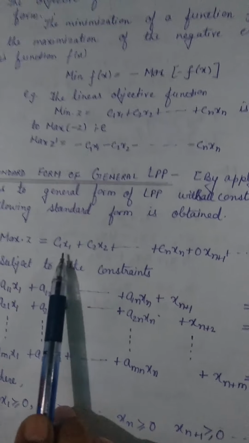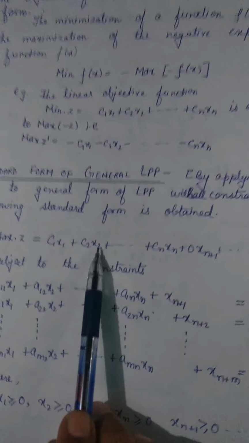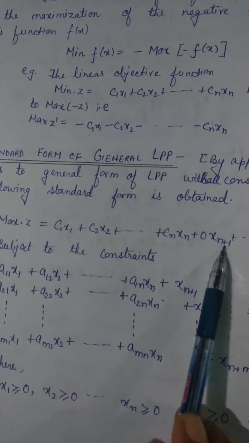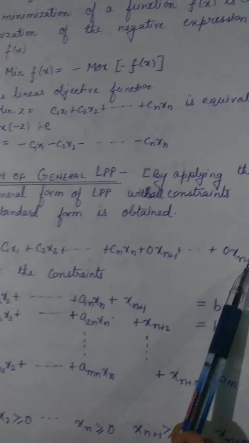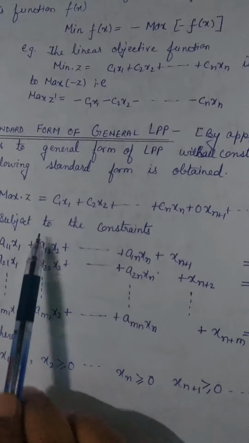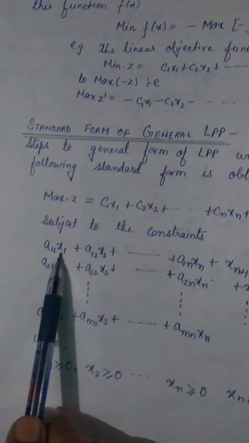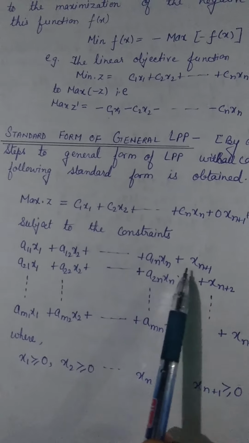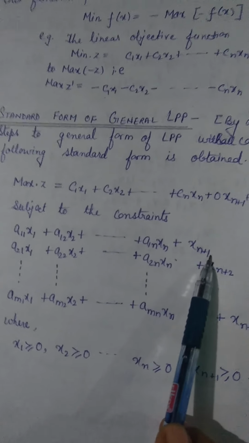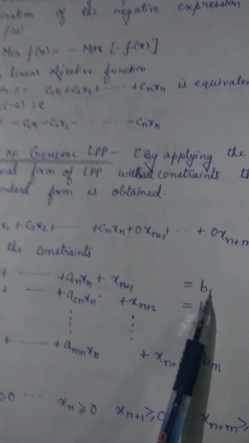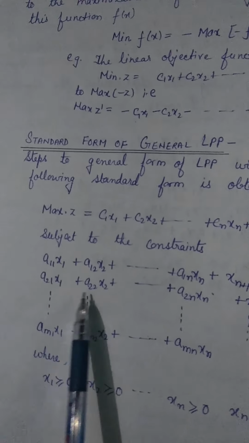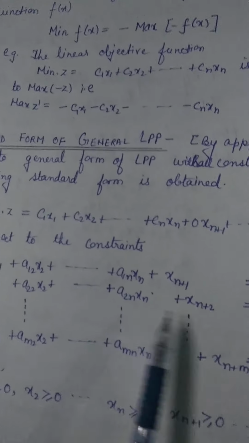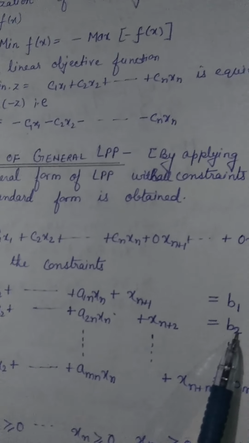Maximum of z is equal to c1x1 plus c2x2 plus cnxn plus 0xn+1 plus dot dot plus 0xn+m, subject to the constraints a11x1 plus a12x2 plus a1nxn plus xn+1 is equal to b1, a21x1 plus a22x2 plus dot dot dot plus a2nxn plus xn+2 is equal to b2.